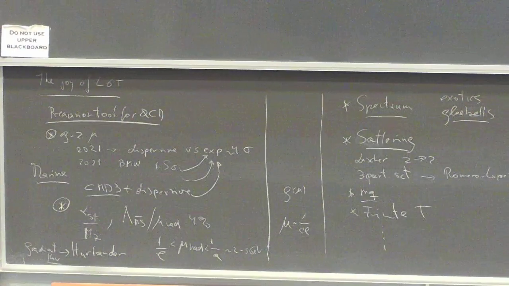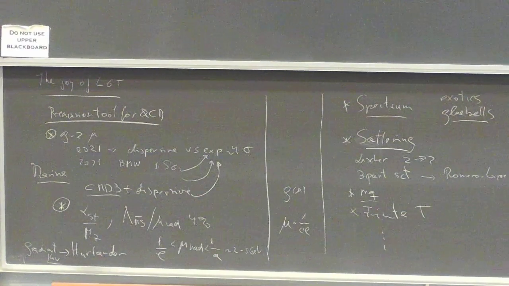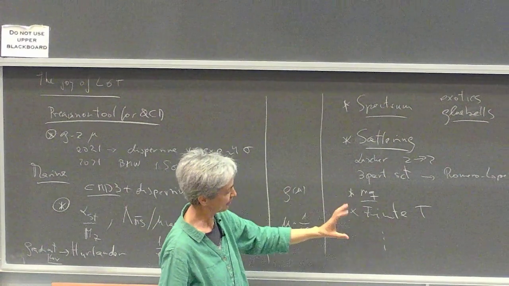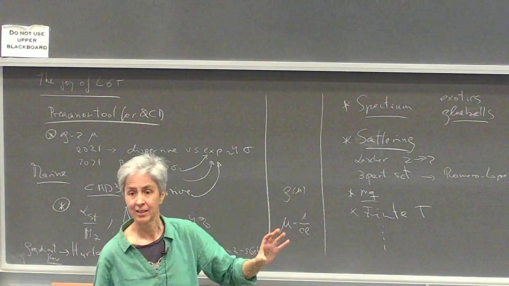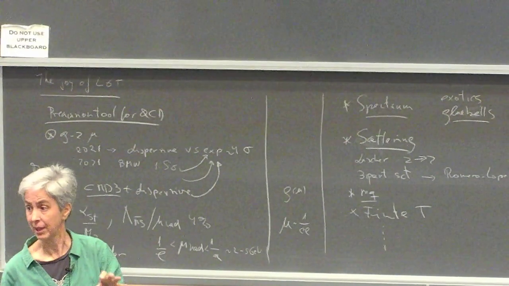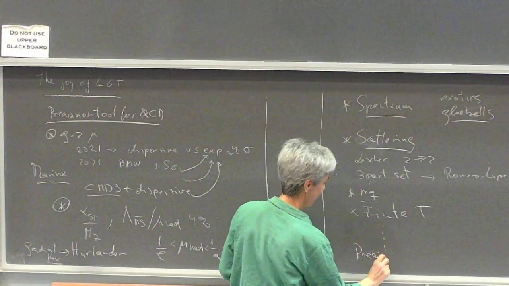People have done really hard and good work in devising numerical algorithms that allow us to do this. So the precision limit now, I think, is including isospin breaking corrections. We have not taken them into account. So this is sort of the precision frontier now.